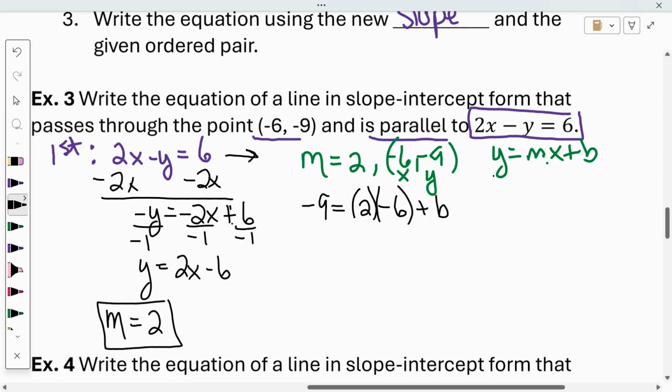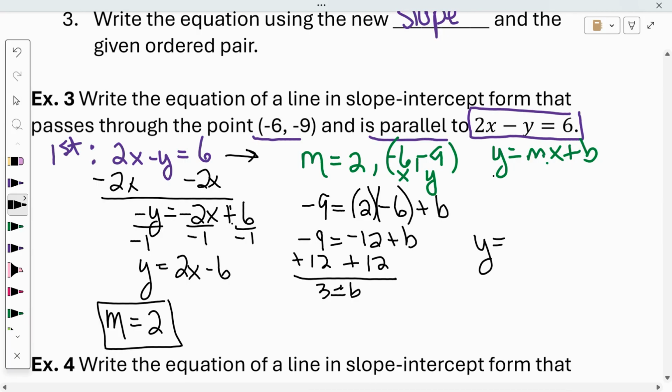Well, 2 times negative 6 is negative 12. So negative 9 equals negative 12 plus b. I want to add 12 to both sides. 3 equals b. So my equation is y equals 2x plus 3.